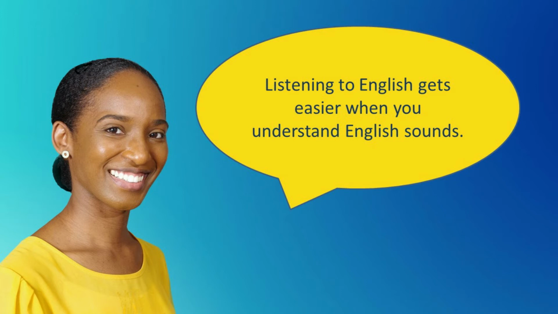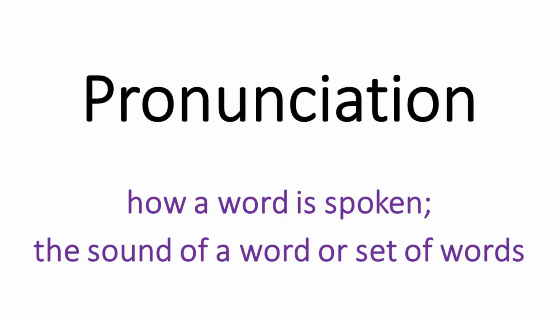We're going to take a quick look at some basic ideas that are key to understanding the sound of English words. Let's start by reminding ourselves about the meaning of pronunciation. Pronunciation is how a word is spoken, or the sound of a word or a set of words.